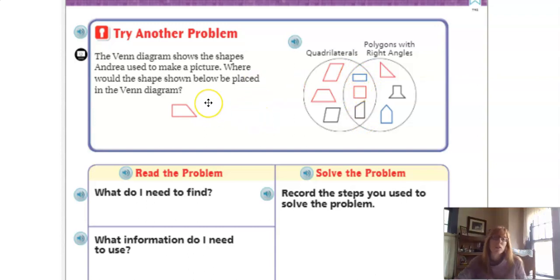Okay? So it says, where would the shape shown below be placed in a Venn diagram? Well, 1, 2, 3, 4. It has 4 sides and it has a right angle. So this is a trapezoid, and trapezoids would go right in the center. Okay?